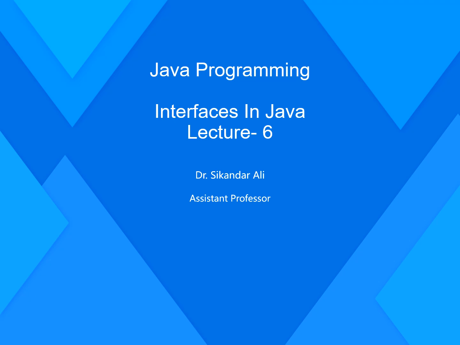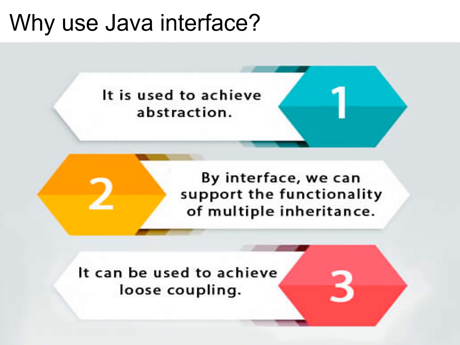Today we are taking Java Lab 8. In this lab class today, the question is: why do we use Java interfaces? The first reason is that it is used to achieve abstraction.